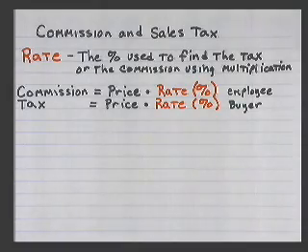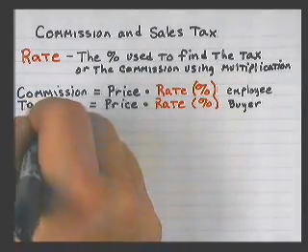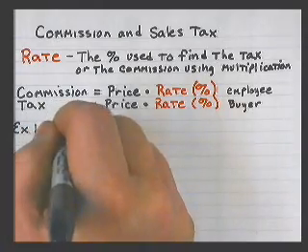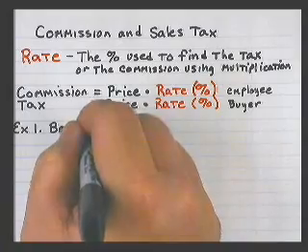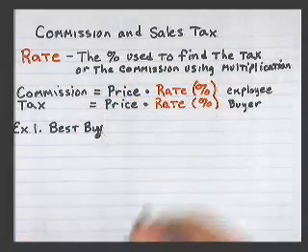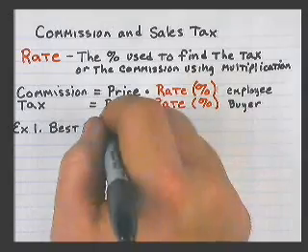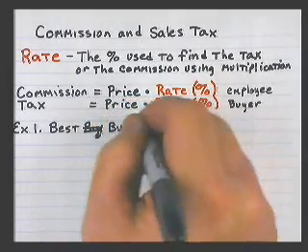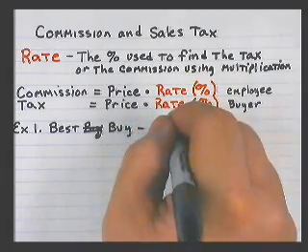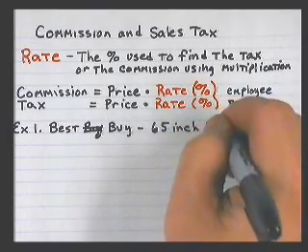All right. So let's go to example 1. Say we go to Best Buy, and there is a 65-inch plasma TV.